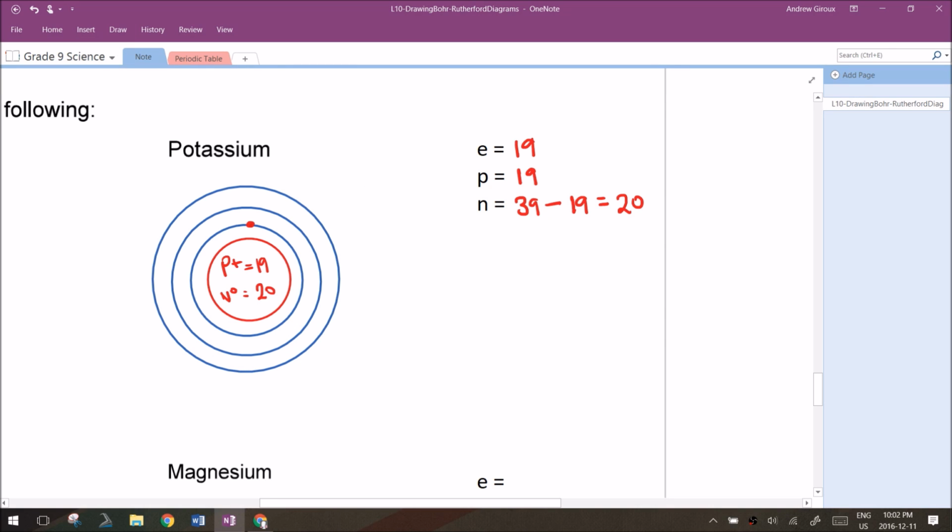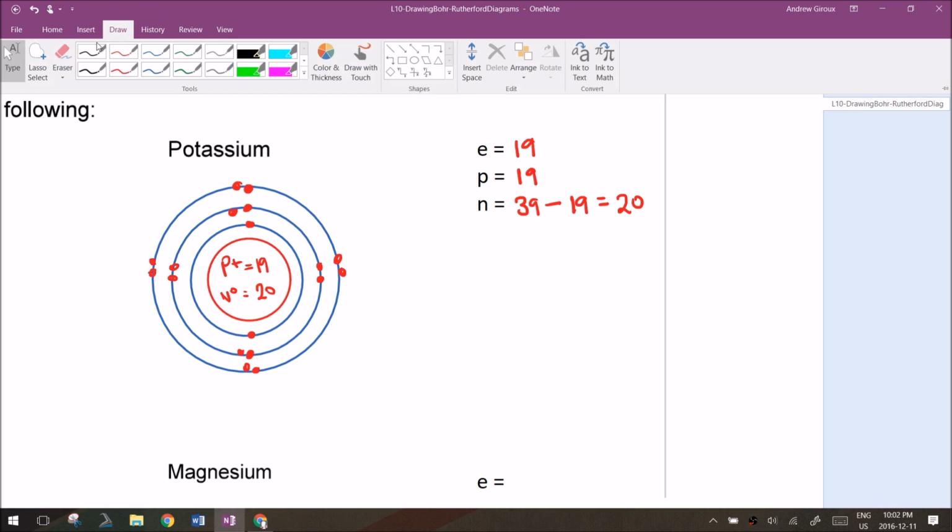So starting with the first one, there's 2 electrons. Now I've placed a total of 10. $18.